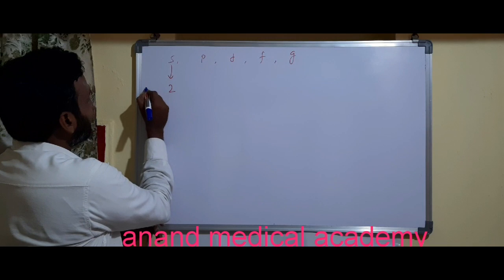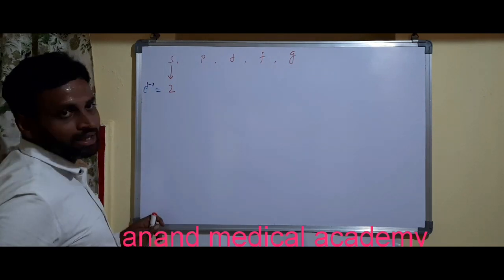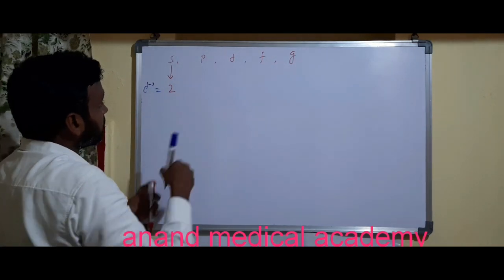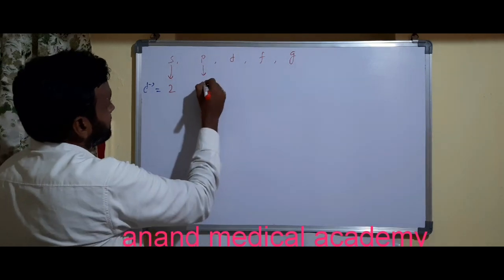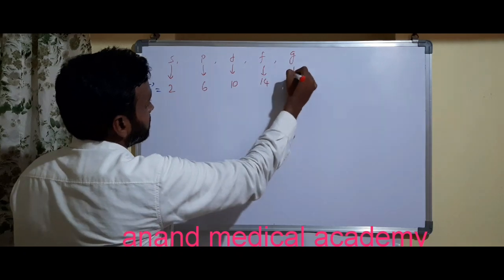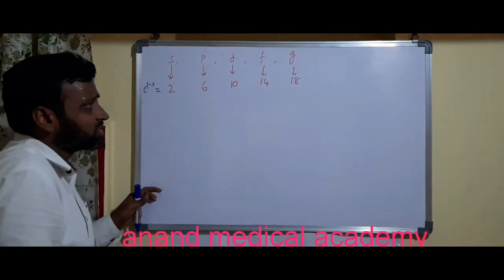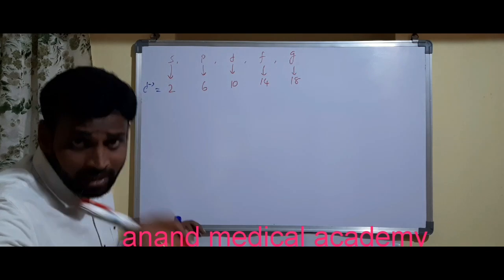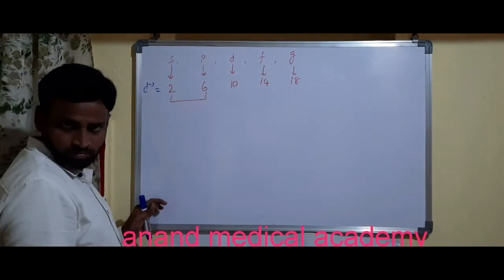S has how many electrons? 2 electrons. P has 6 electrons. D has 10 electrons. F has 14 electrons and G has 18 electrons. How are we saying this without any formula? It starts with 2 electrons and the difference is 4.